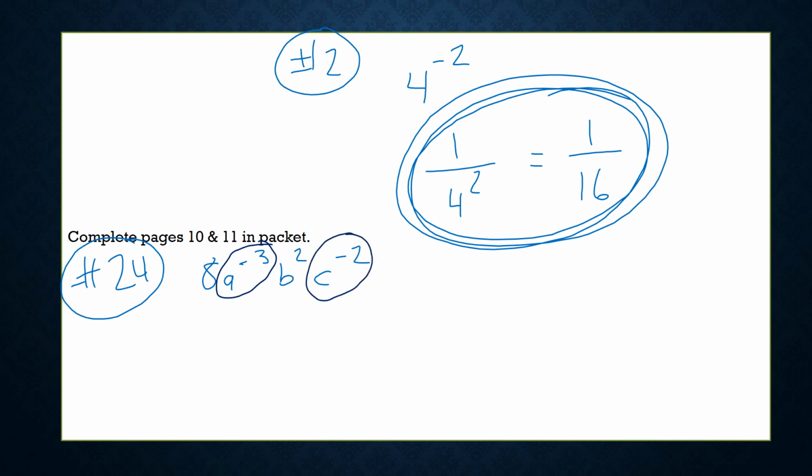So I've got a to the negative third and c to the negative second. Right now they're in the numerator, so we want those to be positive, so we're going to move them to the denominator. The 8 and the b squared are going to stay where they are. So it's going to become 8 times b squared over a to the third c to the second.